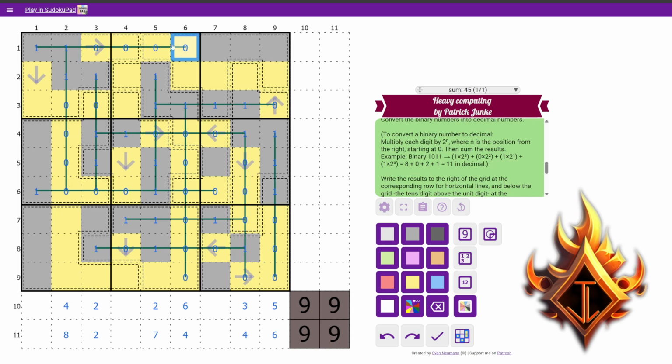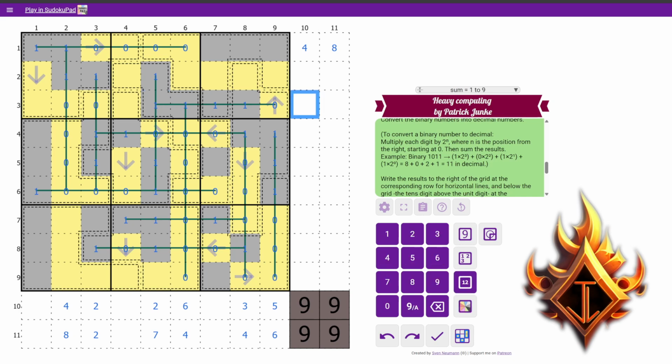Now, for the horizontal rows, we have 1, 2, 4, 8, 16, and 32 again, which is 48, 16, and 32. 1, 2, 4, 8, and 32.